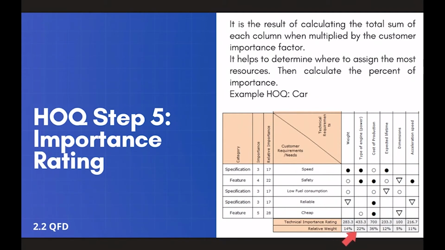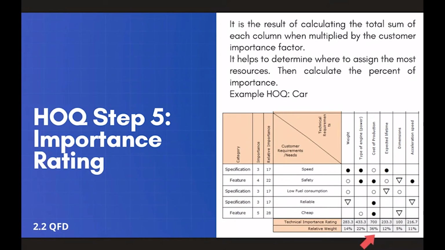Okay. Same goes for the second column here. So this value 453.3 divided by the sum of these values times 100%, you will get 22%. So after you manage to find the relative weight, you will see some values, the highest values here.